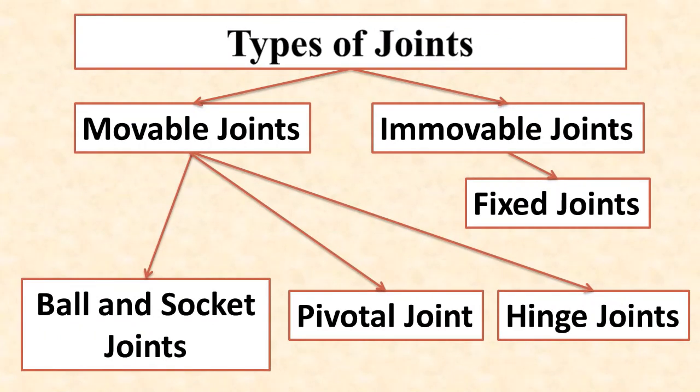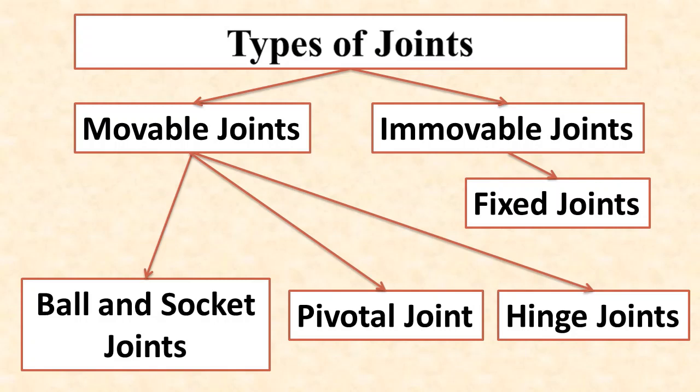There are different types of joints in our body to help us carry out different movements and activities. So, let us learn about some of them. There are two types of joints: movable joints and immovable joints.